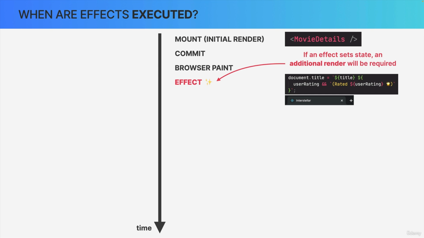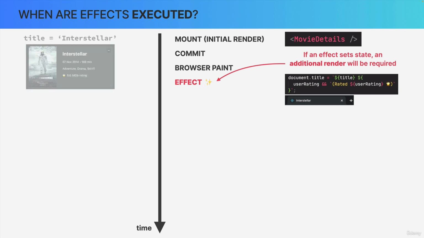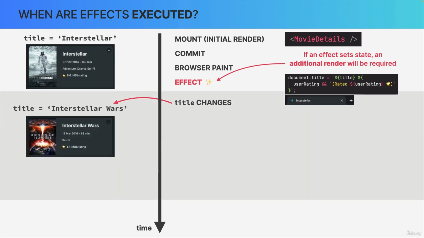Okay, but moving on now, let's say that the title was initially set to Interstellar, but then it changes to Interstellar Wars. And since this title is a prop, it means that the component will re-render and the DOM changes will be committed and painted to the screen again.